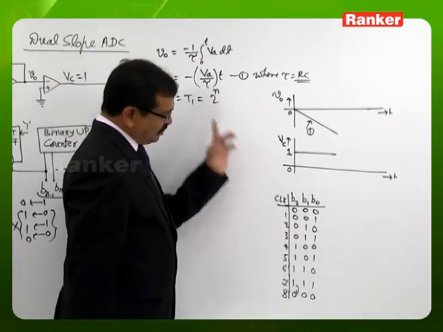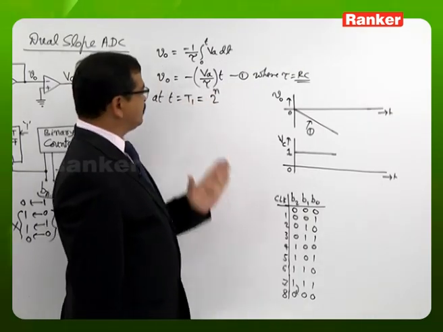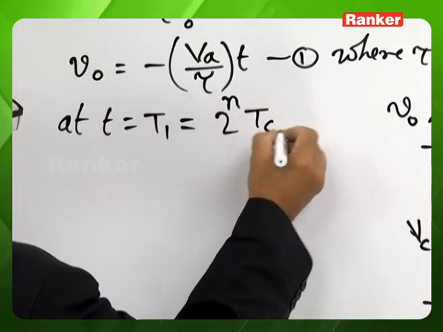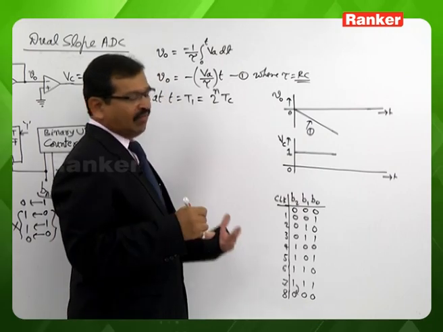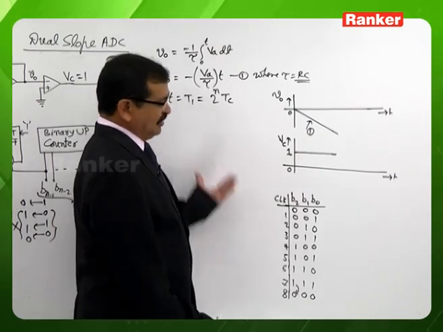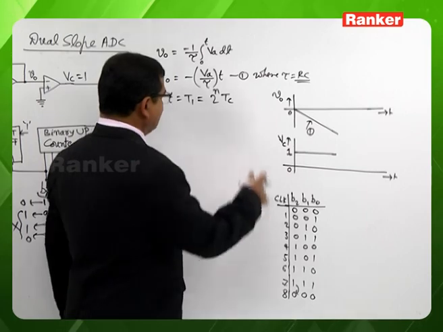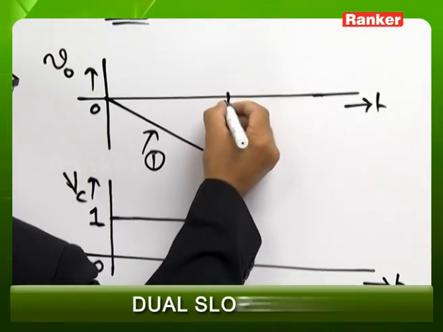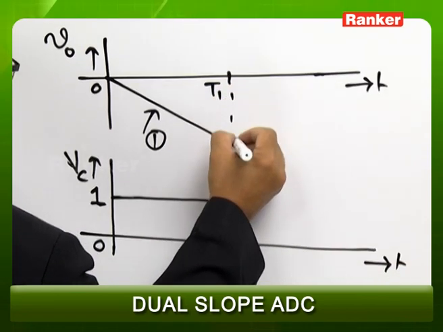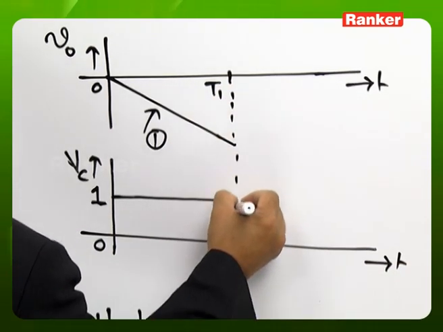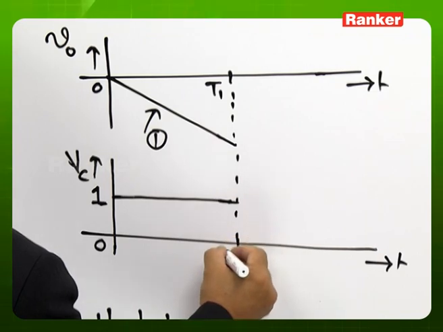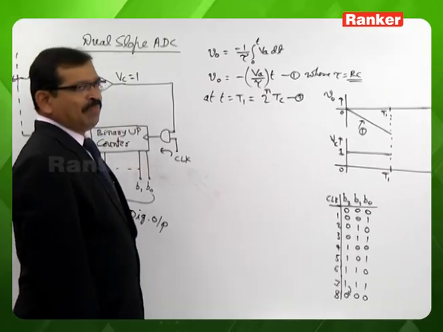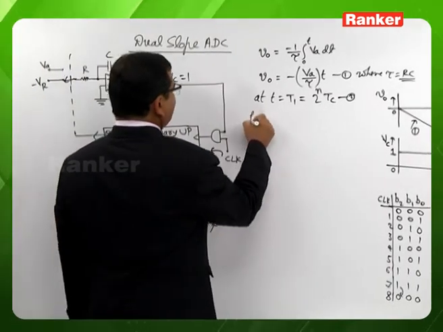When n is 3, it is 8. So T1 is 2 to the power of n into Tc, where Tc, in all our discussion, is the clock repetition time.